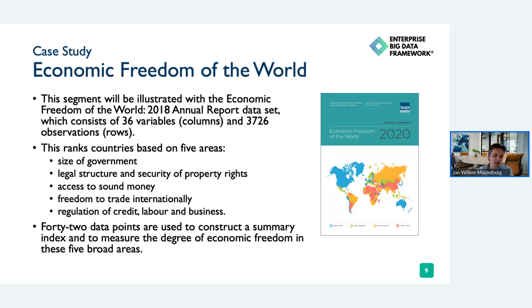Based on 42 data points, a summary index is created and published on a regular basis. If you just Google economic freedom of the world, you're able to access the data. After this webinar, I will also make this data set available as part of the lab itself.